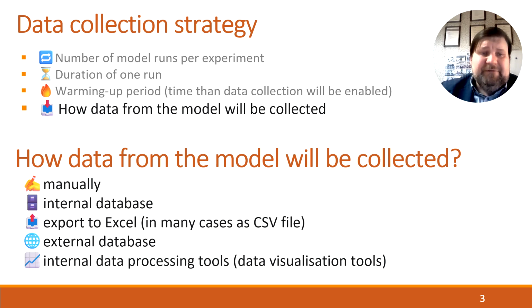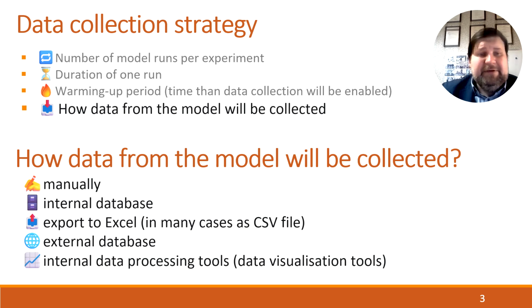Some of the software tools have an internal database, which allows collecting the output from the simulation model and then, for example, exporting it to Excel. Also, some of the simulation tools allow linking an external database and collecting the data into the external database for analysis.